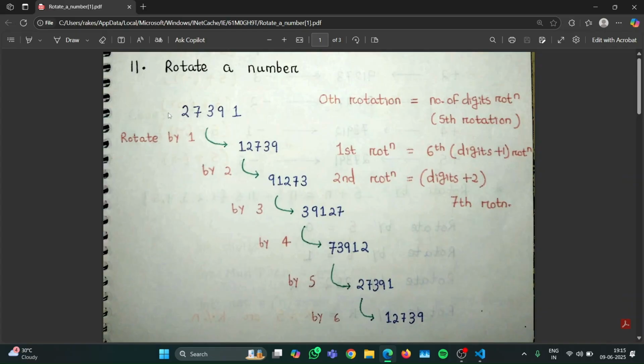And notice one thing, if we rotate the number by 5, we get the same number back. Getting my point? If we rotate the number by its total number of digits, so we rotate it by 5, we get the original number back, because if we take the whole 5 digits of the number, that's the whole number itself, and then put it in the front, we'll obviously get the same number back.